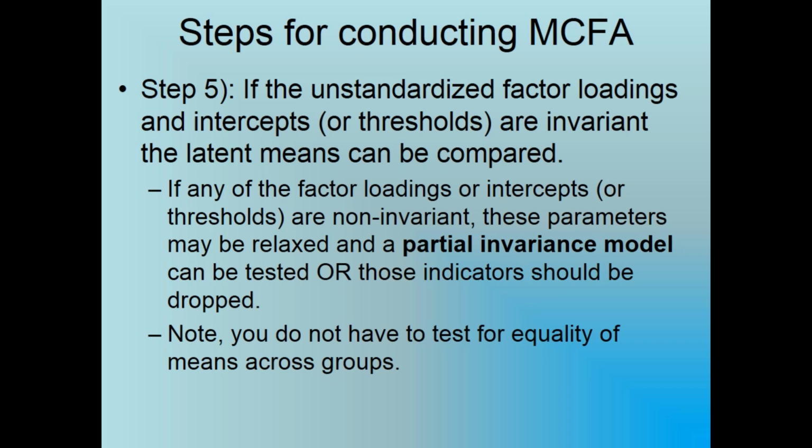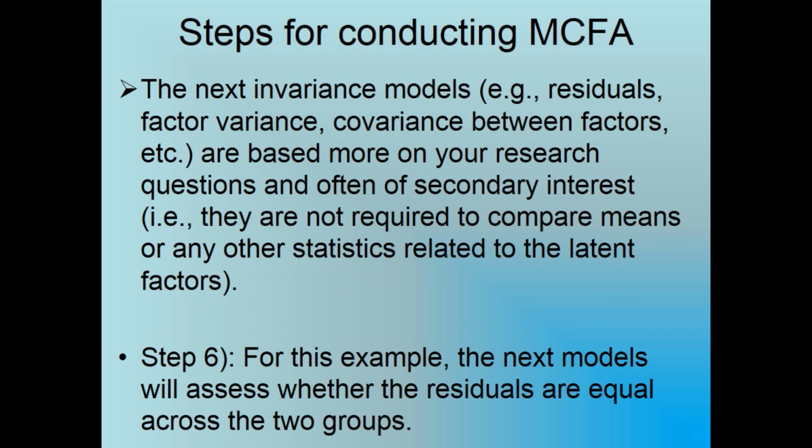Assuming your factor loadings and your intercepts or thresholds are equal across the groups and you've already compared your means, you might then want to test whether your error variances are equal across the groups, or maybe your factor variances, if those weren't fixed at 1, or maybe whether the covariance between those factors is equal across the groups. You really can test almost any research question you want within an invariance framework.